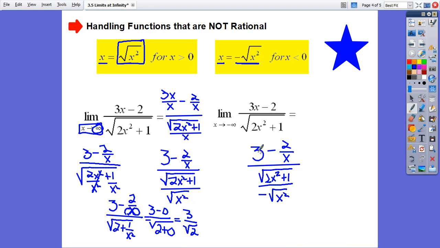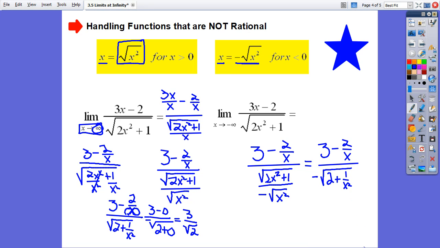The only difference between this one and that one is the negative sign that we put. And so we end up getting 3 minus 2 over x. And then here what we get is the opposite of the square root of 2 plus 1 over x squared. So once I stacked it, it's called the quotient property of radicals.